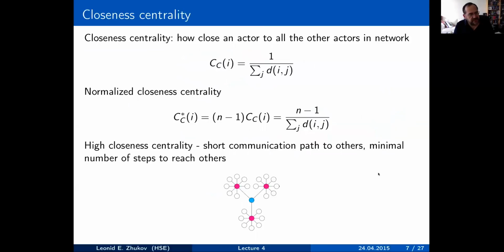The second notion of centrality also follows from the simple consideration of paths along the network.